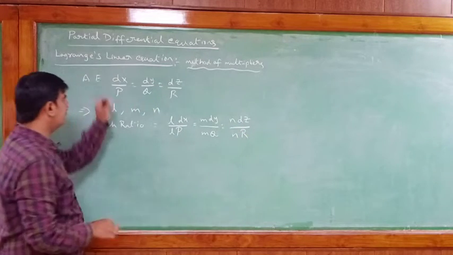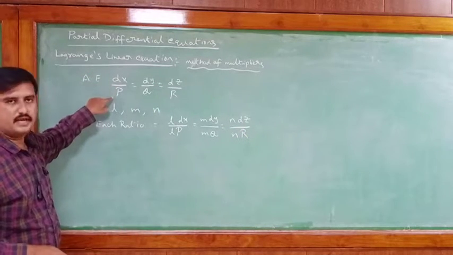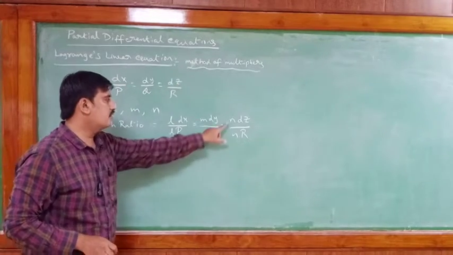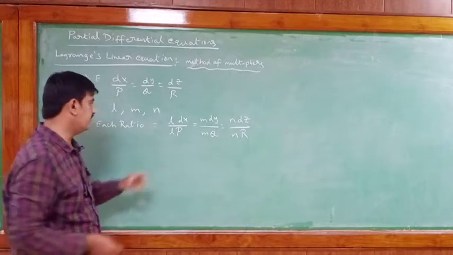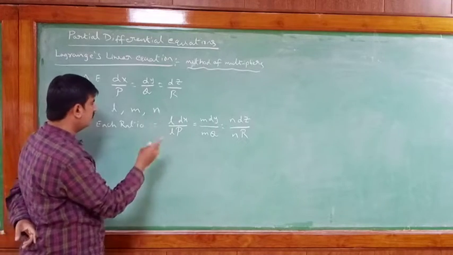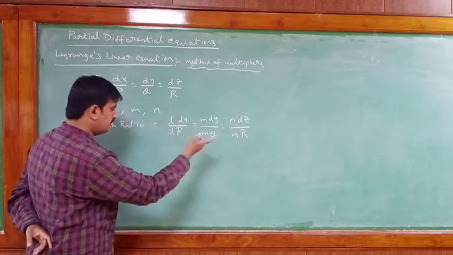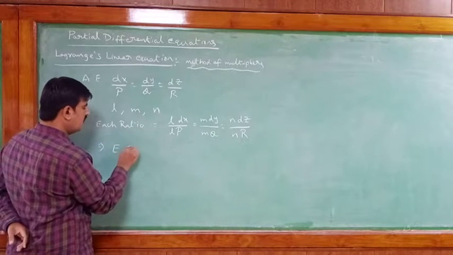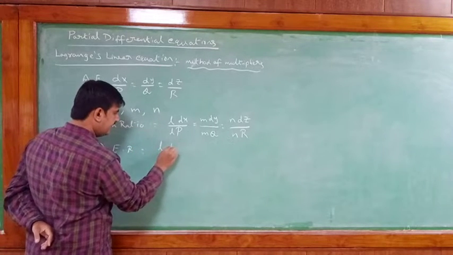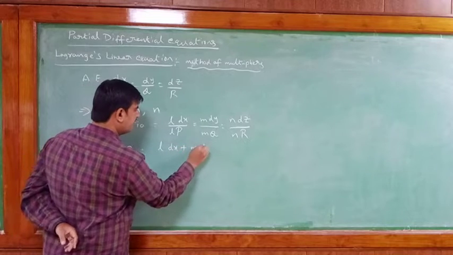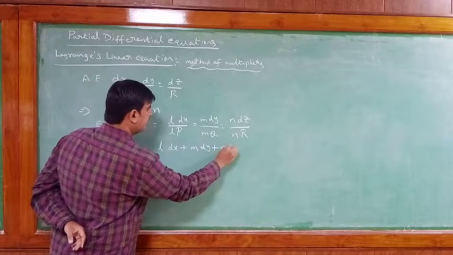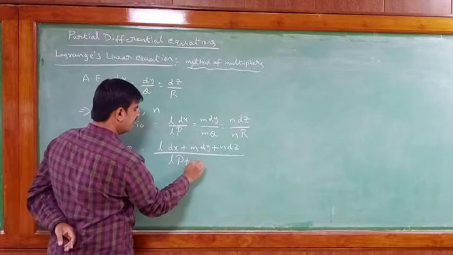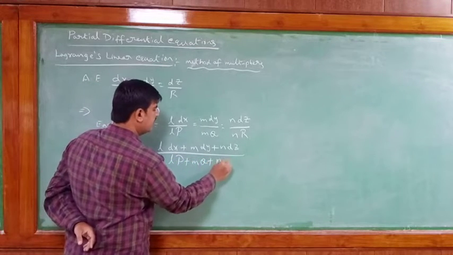So what I did here: I multiplied numerator and denominator with L, with M, and with N. Now you have to add or subtract. So each ratio is L dx plus M dy plus N dz by LP plus MQ plus NR.